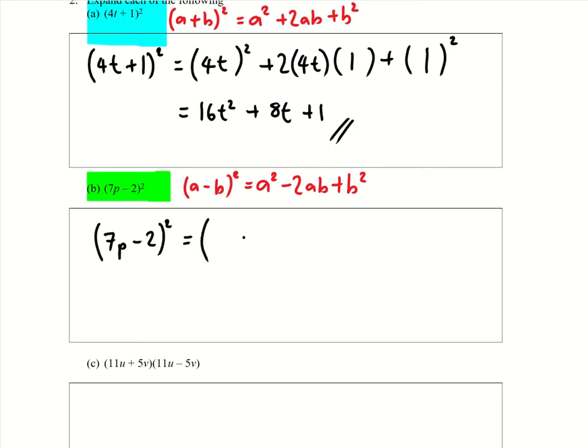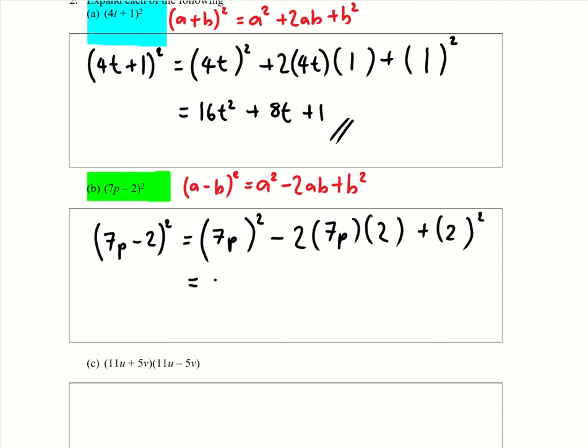so a square, so write down in brackets a square minus 2ab plus b square, and then we replace your a and b brackets with whatever is inside the equation itself. So a is 7p, so write down 7p and 7p. And then your b is 2, so write down 2 and 2.